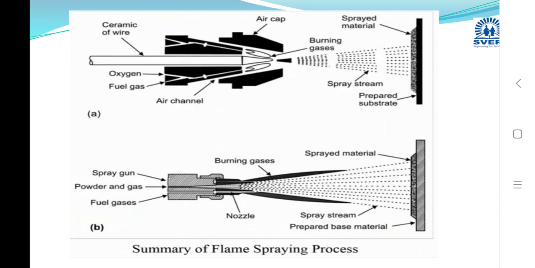It can also be in the form of powder. When it is in the form of powder, there has to be a powder feeding nozzle. Look at the second diagram here. Through the powder feeder, you feed the powder with a carrier gas, maybe argon.